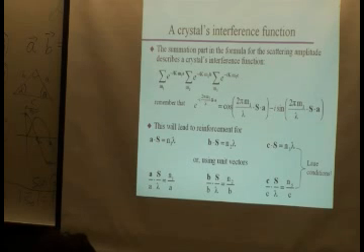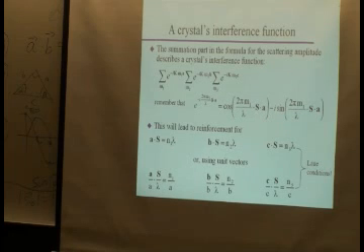That means that the sine argument will in the end always drop out. But the cosine can lead to a sum that is not equal to 0. When does it do that?